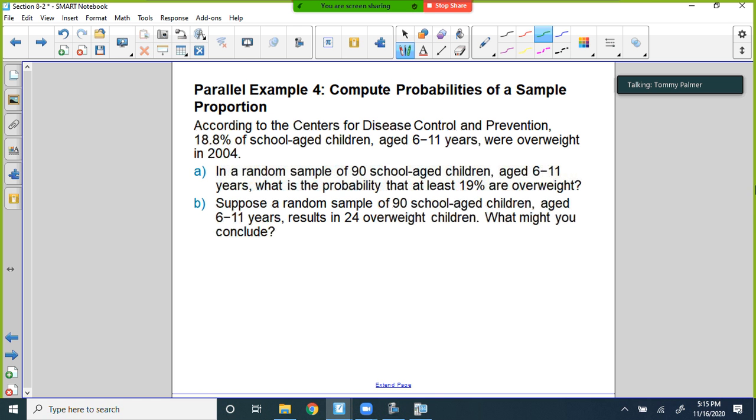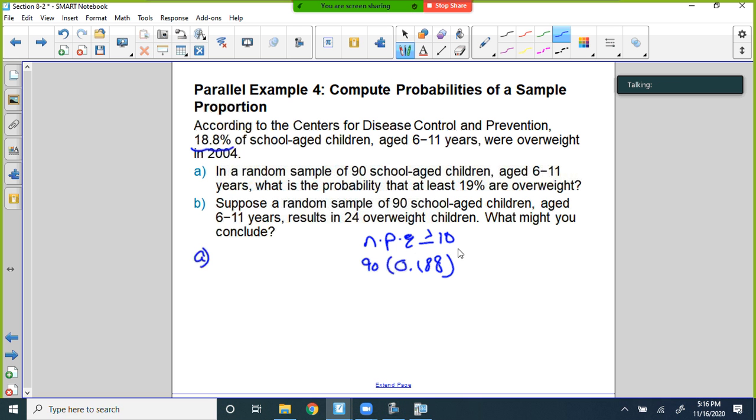Well, we first got to check it, right? We got to check npq to see if it's greater than 10. So n is how many? 90. p is how much? 0.188, right?